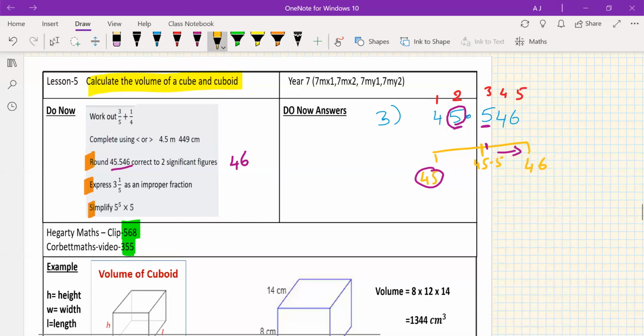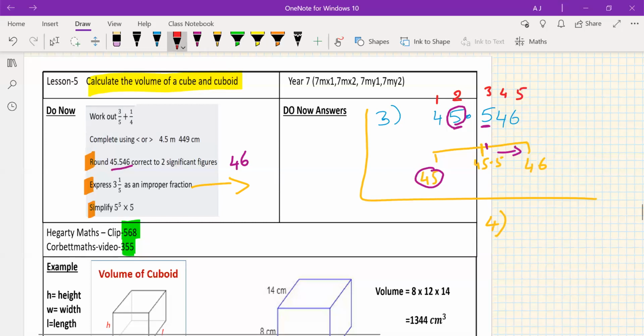And if we move on to the next question from do-know, which is question 4, express 3 and 1/5 as an improper fraction. So the question we have here is a mixed fraction, we need to convert that into an improper fraction. Question 4, let me do them here.